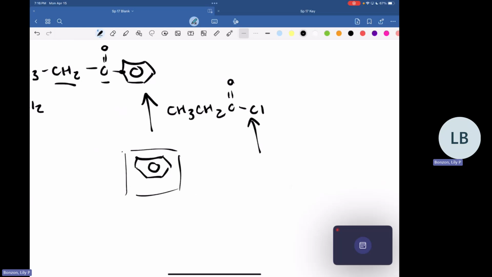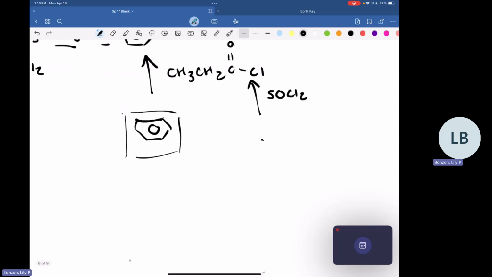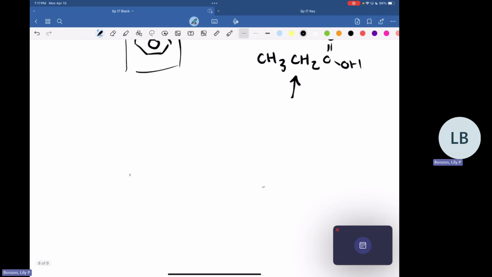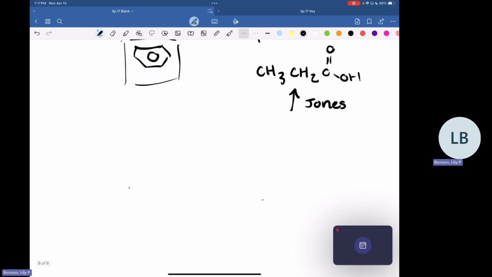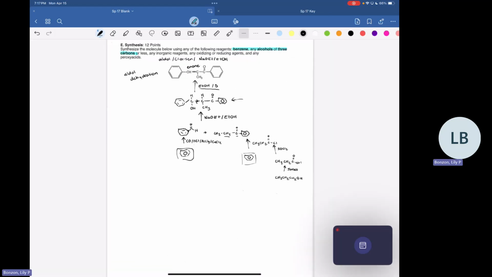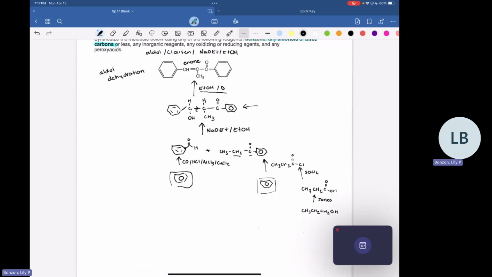And so with this one, we're going to use some of our chapter 20 reactions. So we can use SOCl2 to take it back to the carboxylic acid. And then from here, pretty straightforward. We can just use Jones or your chromic acid reagents. We can go back to a primary alcohol. So yeah, very fun.